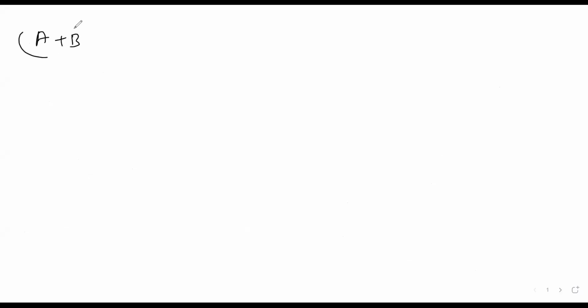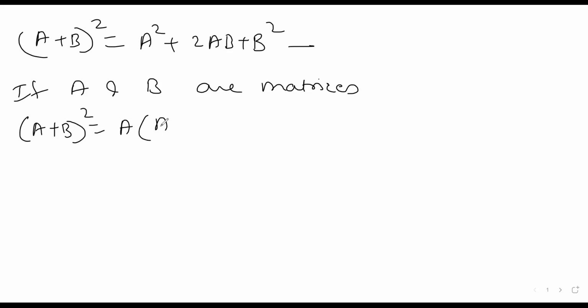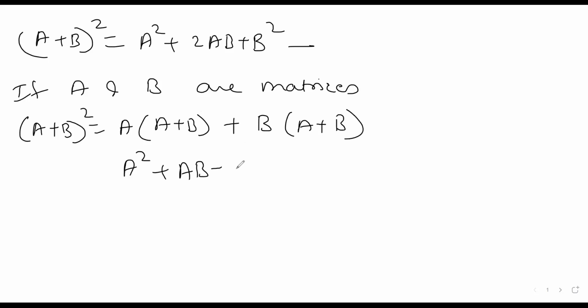Otherwise, A plus B whole square is A square plus 2AB plus B square, in arithmetic. But if A and B are matrices, then A plus B square will become A into A plus B plus B into A plus B. So it will become A square plus AB plus BA plus B square.